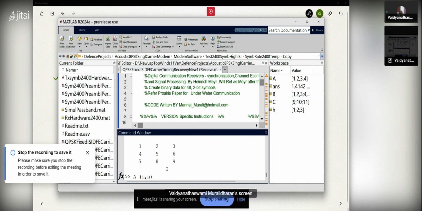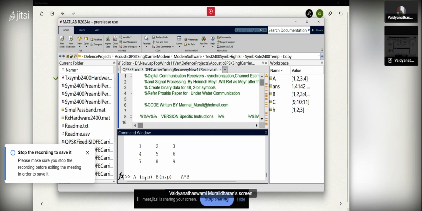Matrix B has n rows and p columns. The product matrix A cross B, A multiplied by B, will have m rows and p columns. It will take rows from matrix A and columns from matrix B.